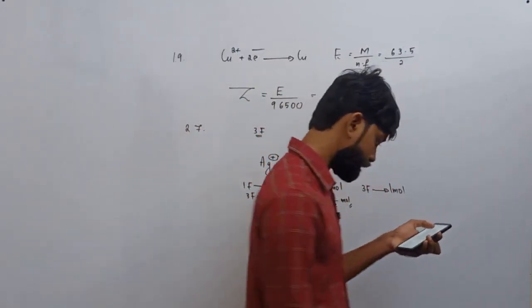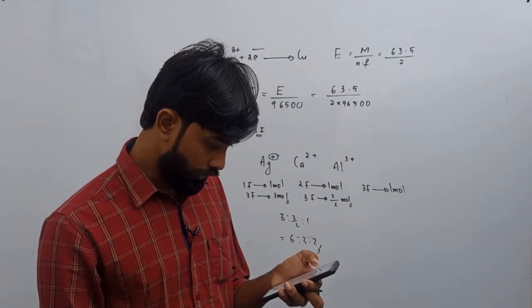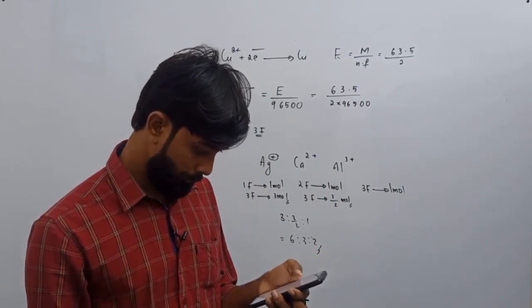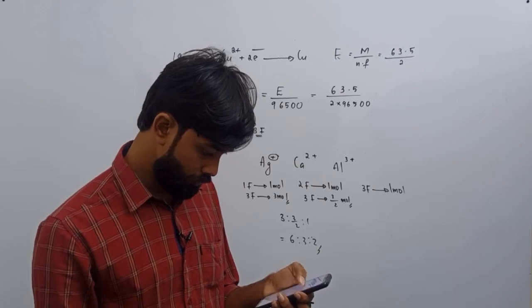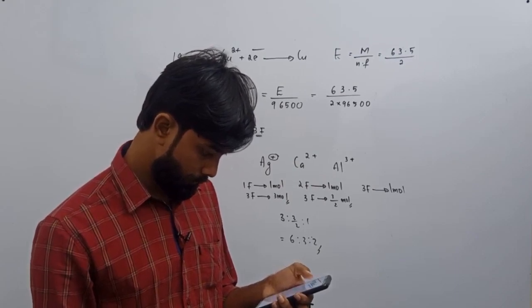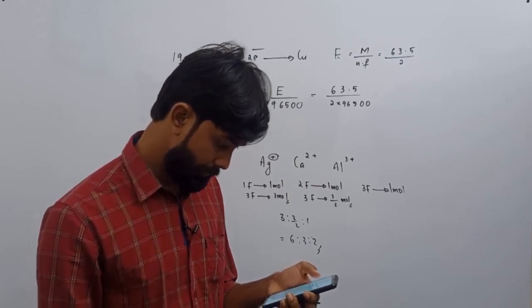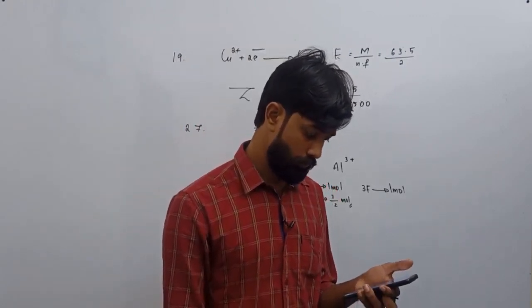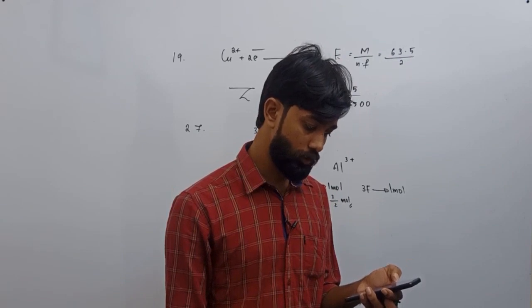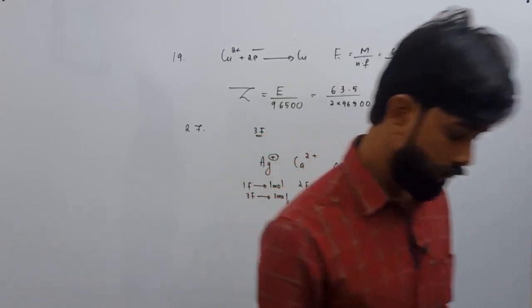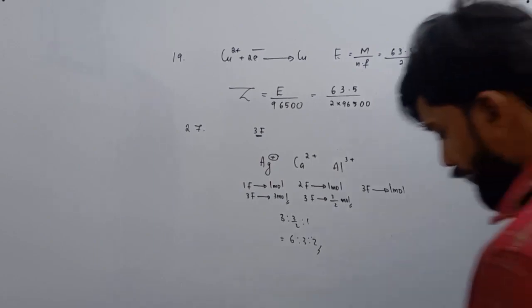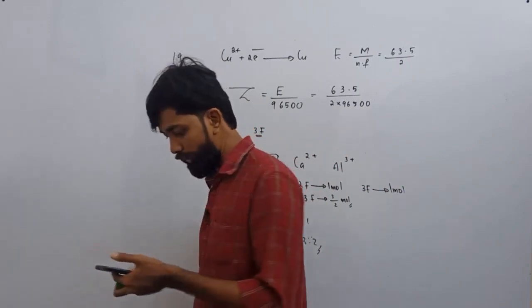Moving to the next question, that is question number 39. Which of the following statements is incorrect? The first statement, that is, electron enters through cathode in an electrolytic cell.